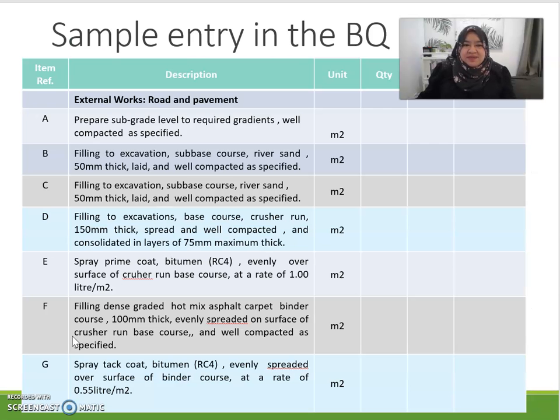This is an example of how you describe all of these layers of this pavement in your bills of quantity. You have an item for subgrade, an item for filling for subbase, which is the sand just now, and then you have an item for crusher run, spray prime coat, and then the binder coat, and lastly the tack coat.